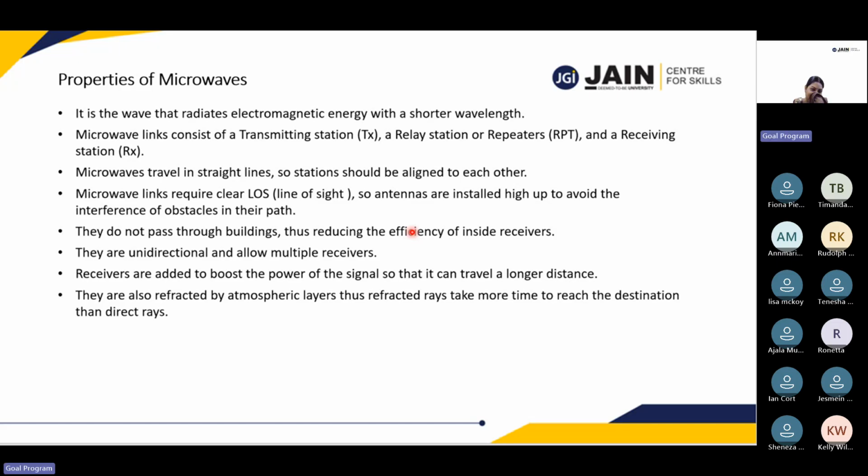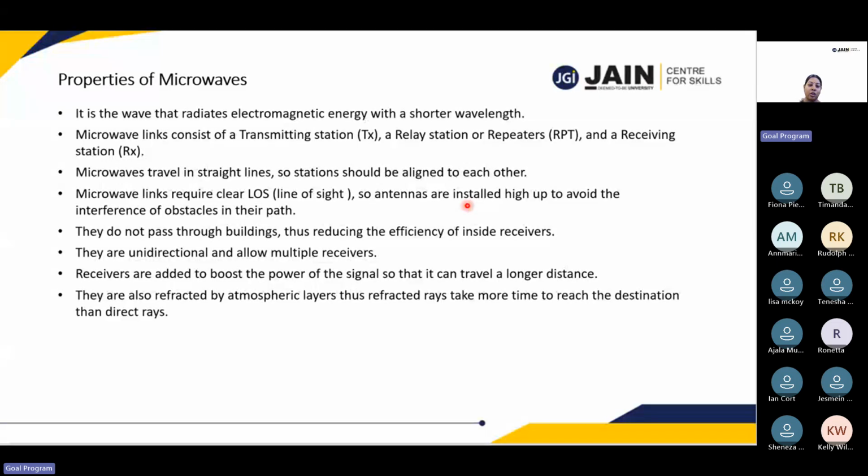Now, microwave links require a clear LOS, clear line of sight, as we have discussed already. So antennas are installed high up to avoid interference or obstacles in their path. Towers are very huge, you see, it's very high. They do not pass through buildings, thus reducing the efficiency of the inside receiver.